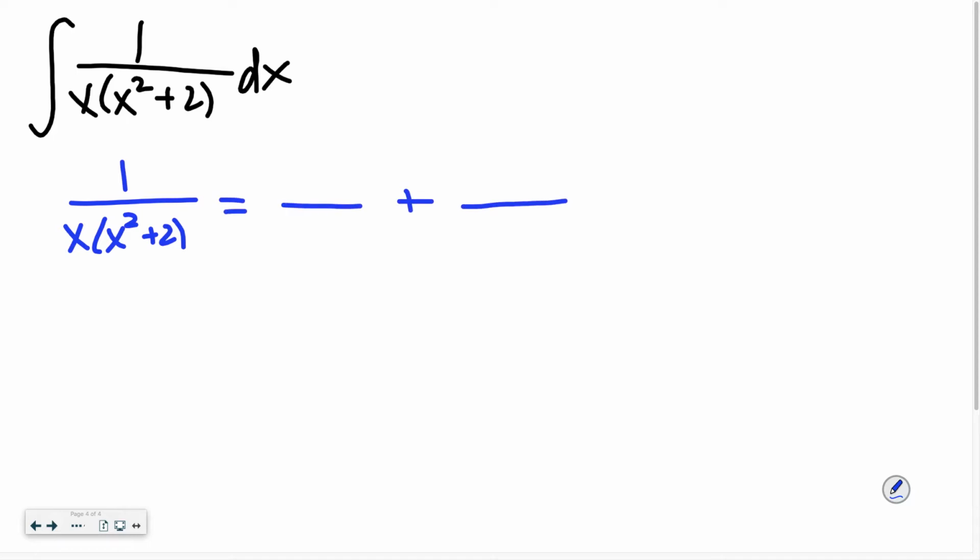Now we have 2 factors for our denominator, which means we would break this up into 2 fractions. Our first one is a linear denominator, so our numerator is a constant. Our second one is a quadratic denominator, so we would need a linear numerator.